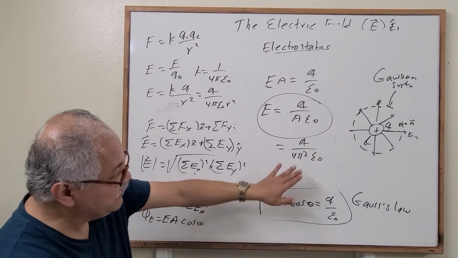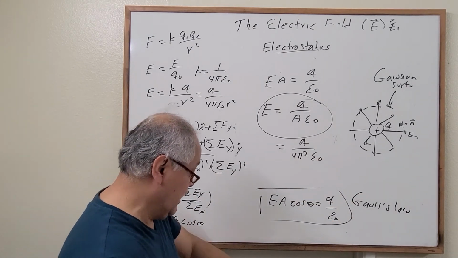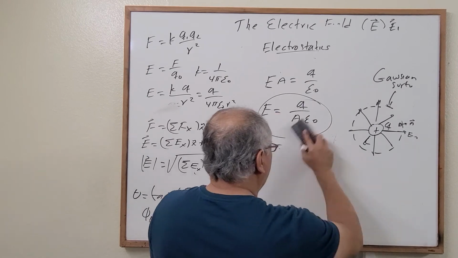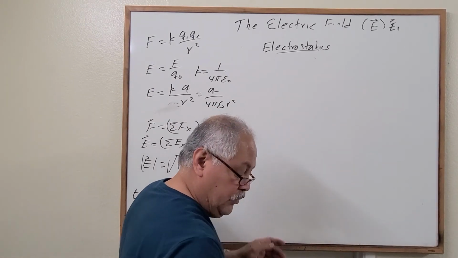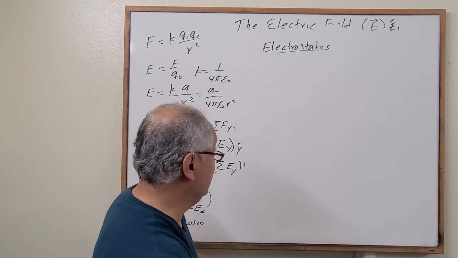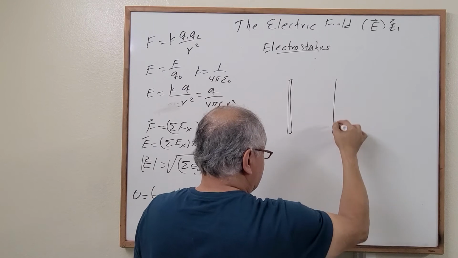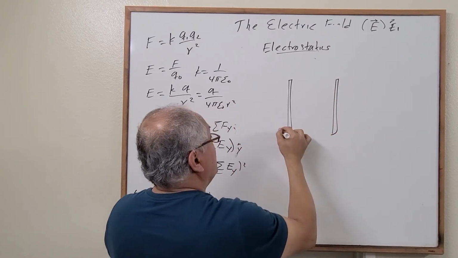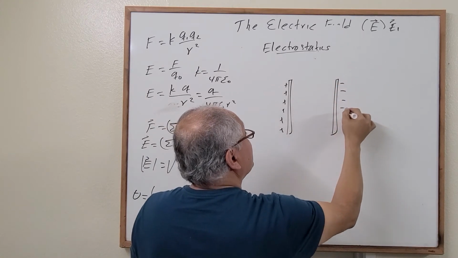Okay, now let's apply Gauss's law again for the next case. Imagine that we have, one more time, a two-plate system. This is one plate, another plate right here. One more time, this one is positive and this one is negative, for simplicity.